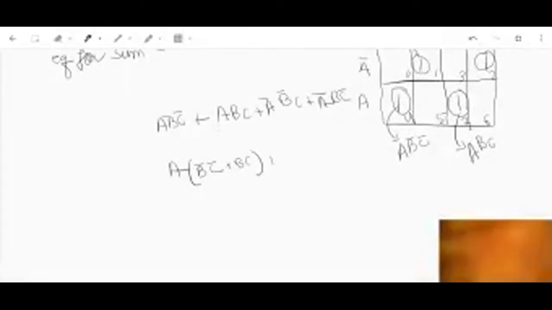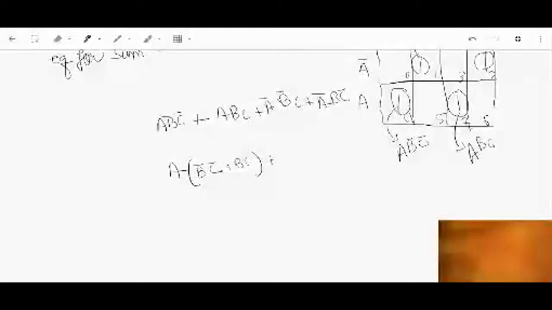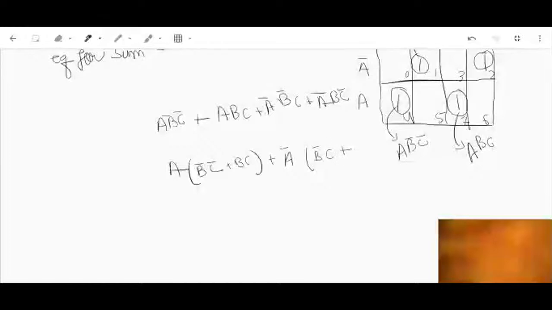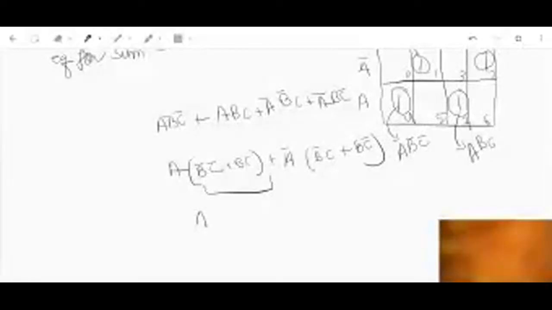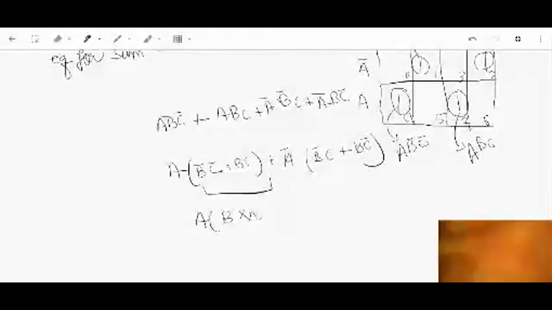So this will be like take the common here A bar. After taking the common A bar, here will be plus B C bar. So as you can see, this A B XNOR C is right.